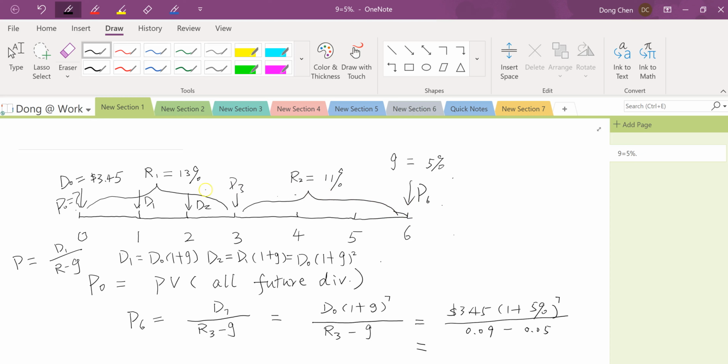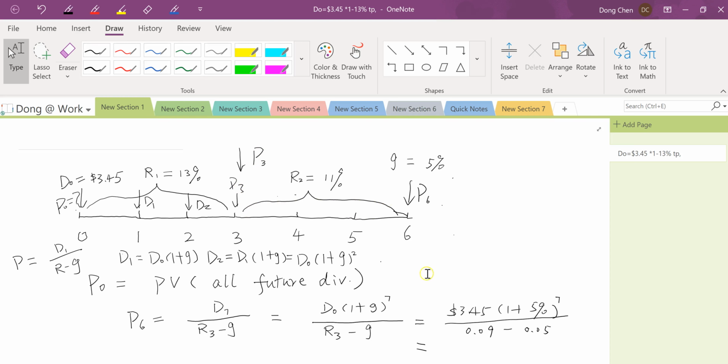And then in between, he also knows the dividend, given the dividend growth rate, and also knows this discount rate. So now actually we can use the same trick, right? We can use the same trick and figure out what is the expected price at time 3.